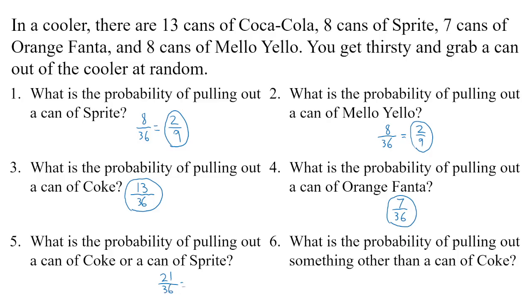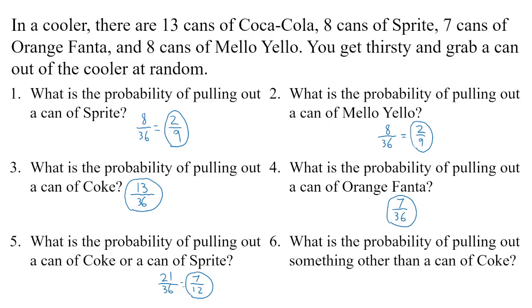And 21 over 36 reduces to 7 over 12. Therefore, that probability is 7 out of 12.